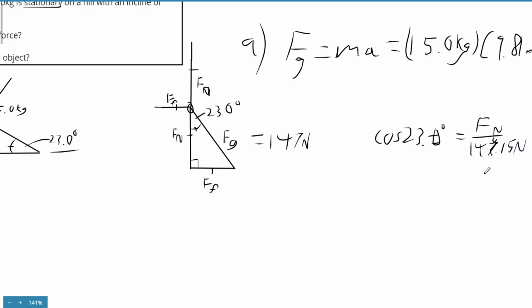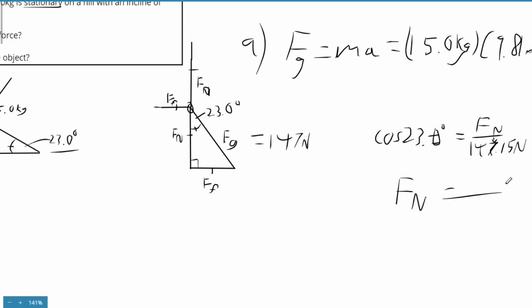Now if we multiply both sides by 147.15, we have Fn equals cosine 23 times 147.15.